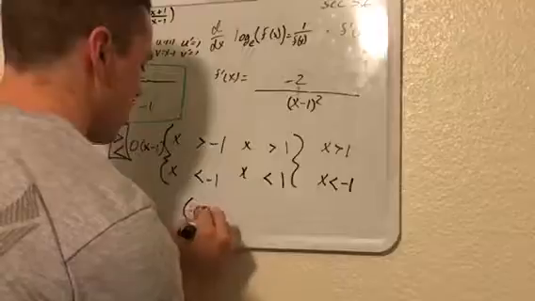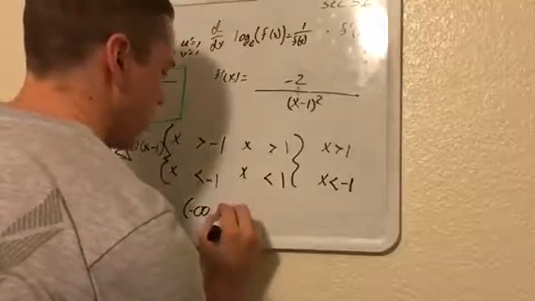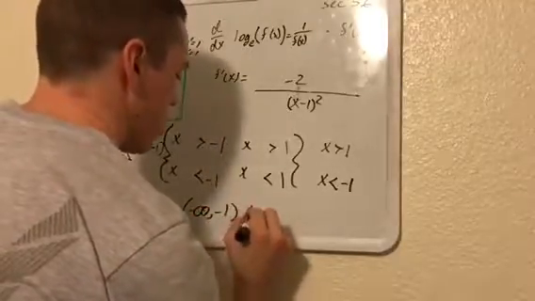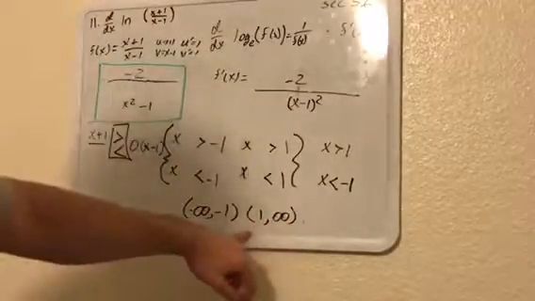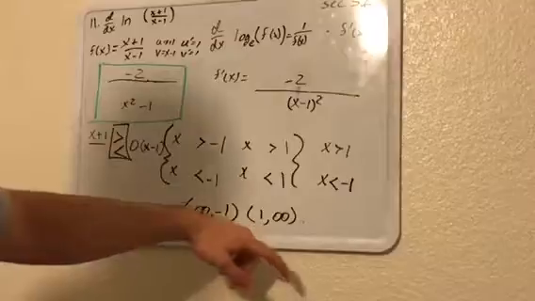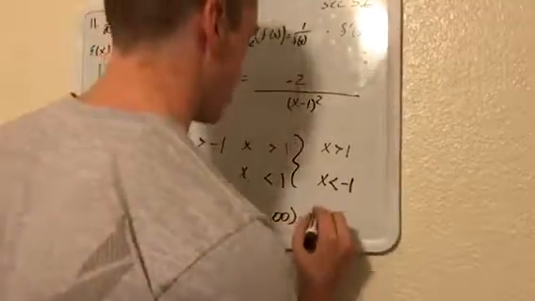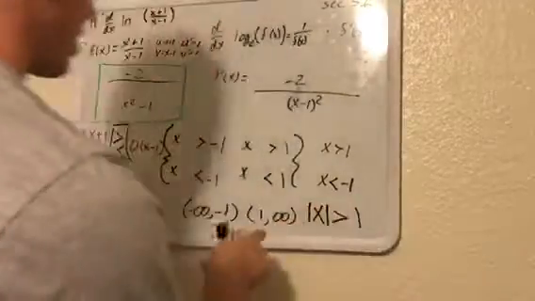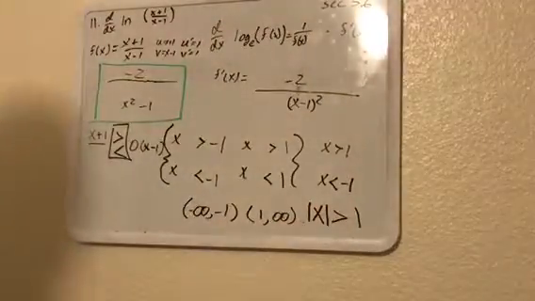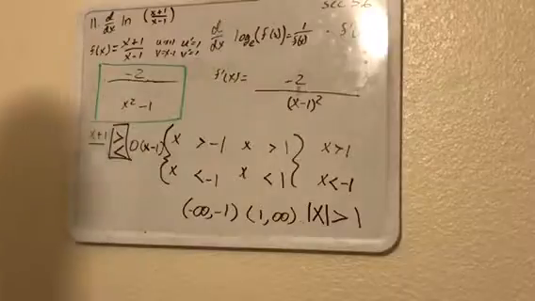So -infinity to -1 and 1 to positive infinity. That means any value between -1 and 1 will not be defined. So therefore, the absolute value of x must be greater than 1. That's the same as this right here. So that's how you're going to solve number 11, and that's what you'll see in the back of the book.